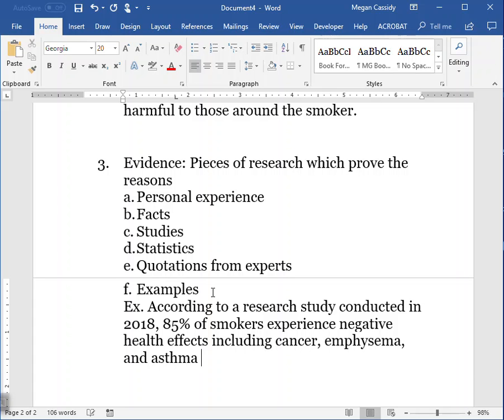And let's say that comes from somebody with the last name of Jones, and it's on page 4 of their research. Okay, so now I have all 3 parts of the argument.